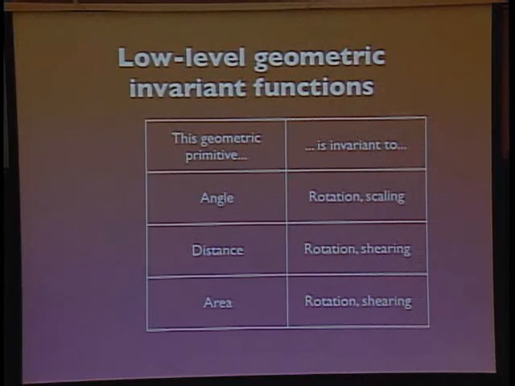Similarly, the distance between my two fingers stays the same if I rotate my hands. And similarly, if you take a rectangle, this happens with cardboard boxes when you're moving them a lot, right? You start out with a cardboard box that has right angles, and you can shear it so that it turns into a parallelogram-looking thing. You didn't actually change the length of any of the sides of the box, did you?